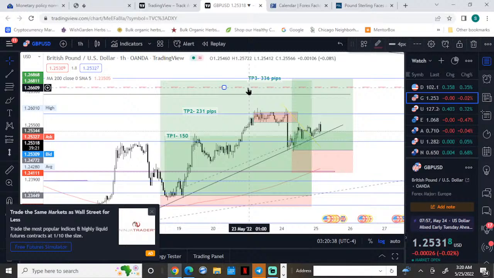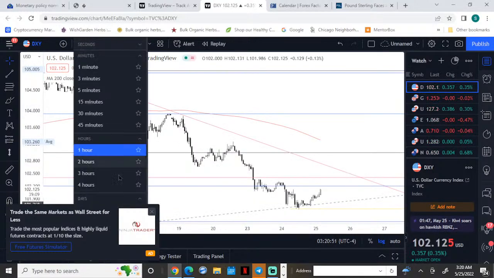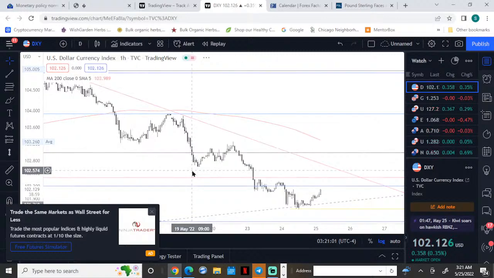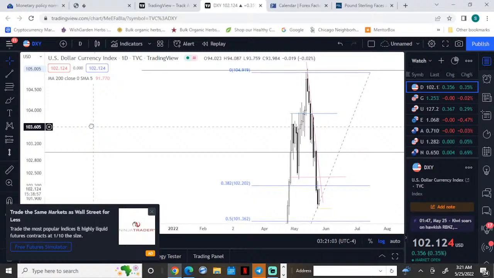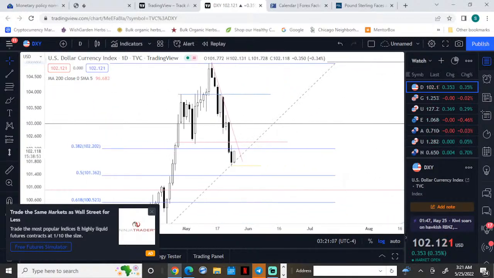So, after we hopefully hit this level from this dollar pullback that we got going on, because again, we got this dollar marked on the daily, this fib retracement that we are working with.